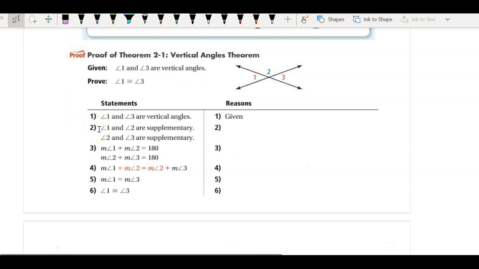Now statement 2: angle 1 and angle 2 are supplementary, and angle 2 and angle 3 are supplementary. So that is: angles that form a linear pair are supplementary.